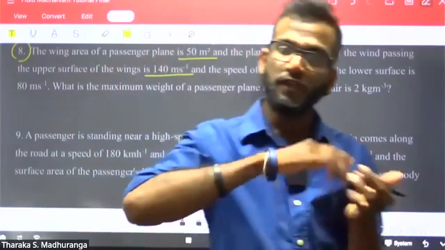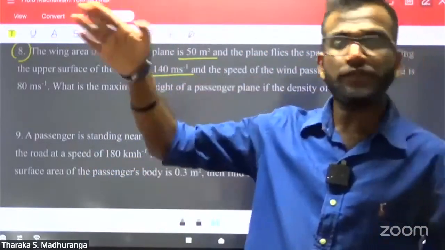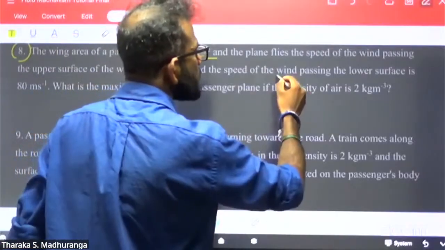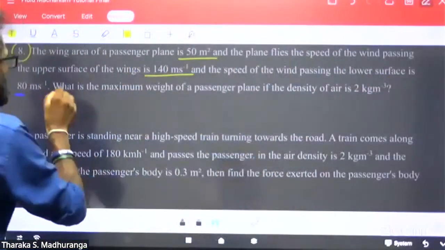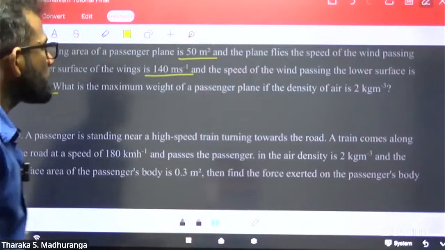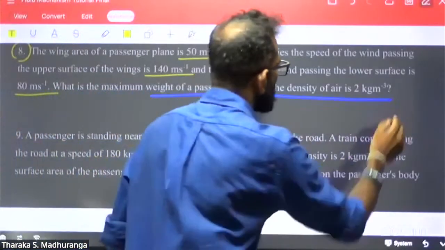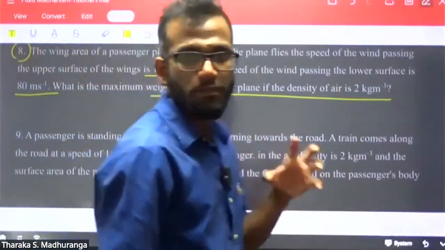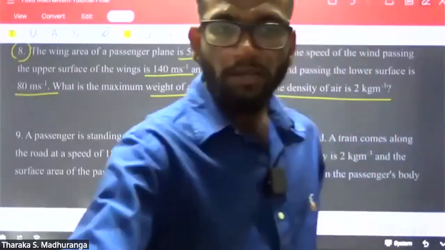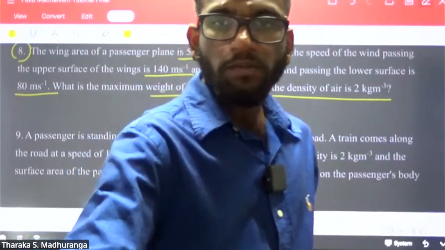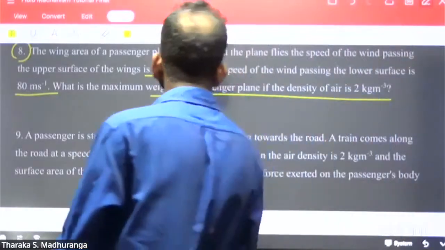And the speed of the wind passing the lower surface is 80 meters per second. What is the maximum weight of the passenger plane that it can have?